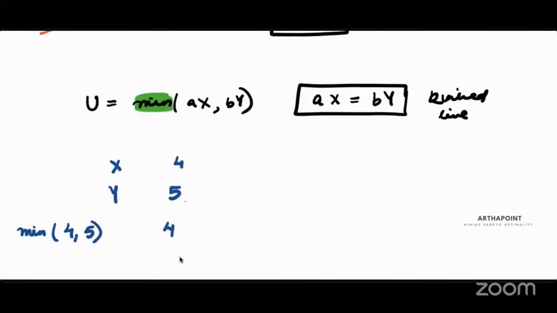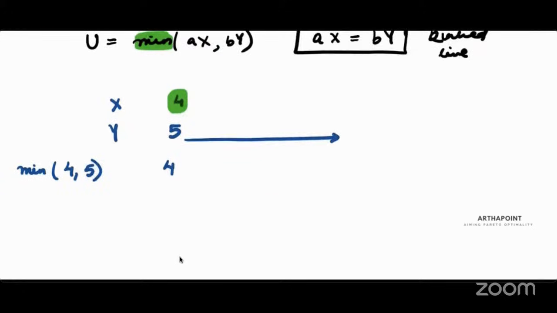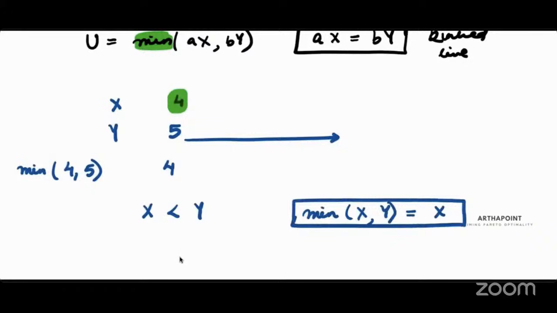If I take y anything greater than 4, but keep x constant at 4, I will always get the answer 4. So whenever x is less than y, the min of x, y is always x, so the utility will be equal to the value of x.